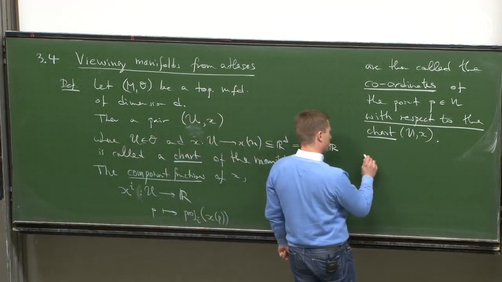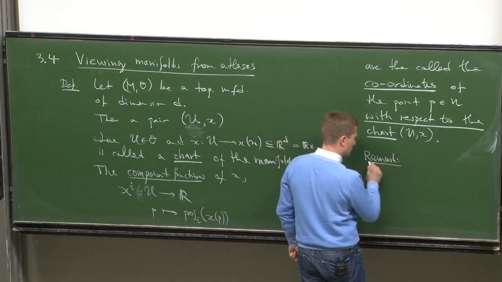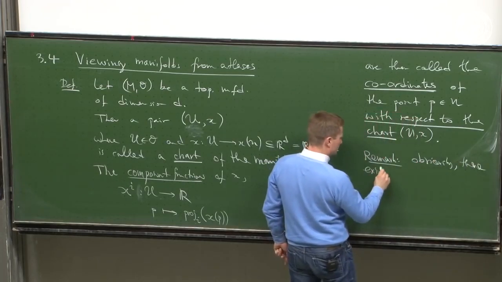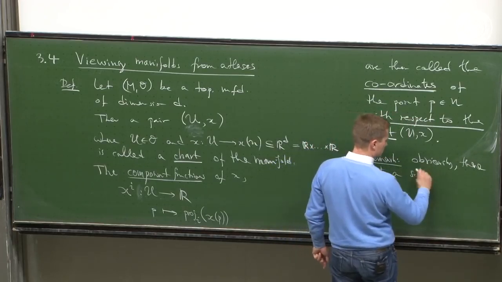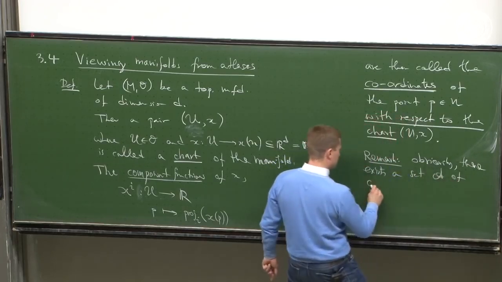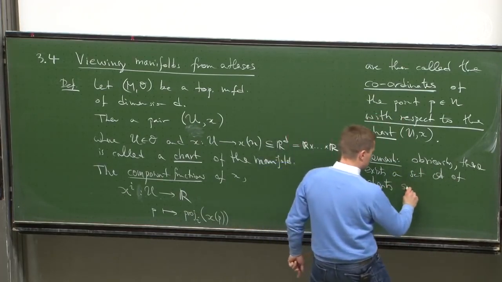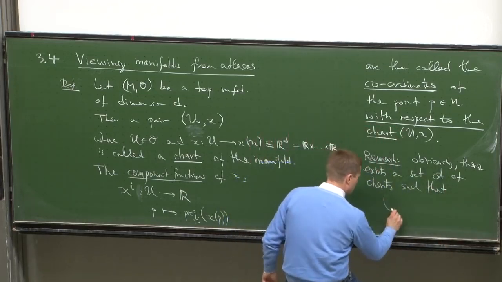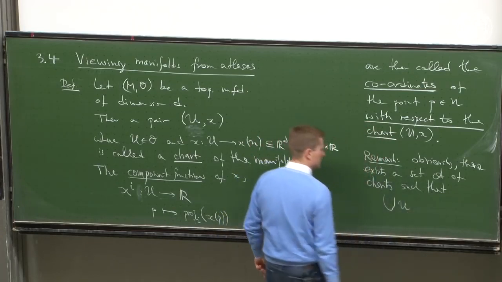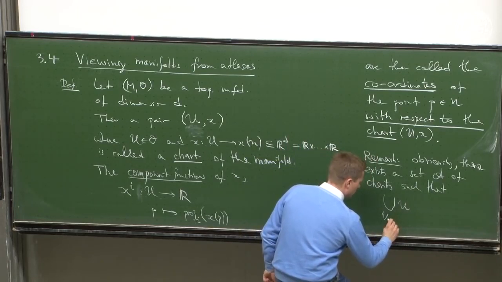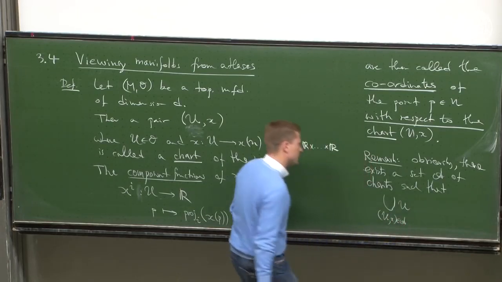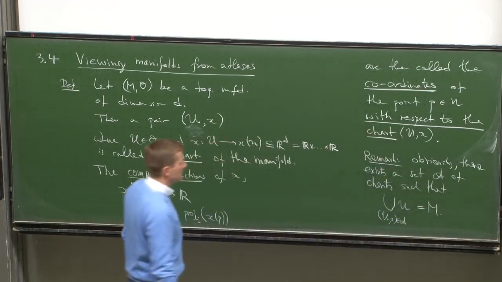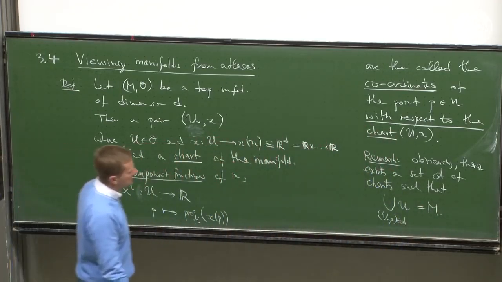So let's first have a remark. Obviously, there exists a set of charts, set curly A of charts, such that if you take the union of all the U's in there, so if Ux is an element of this collection, then you do the union over all the U's, and then you recover the manifold, because every point is covered by some chart.